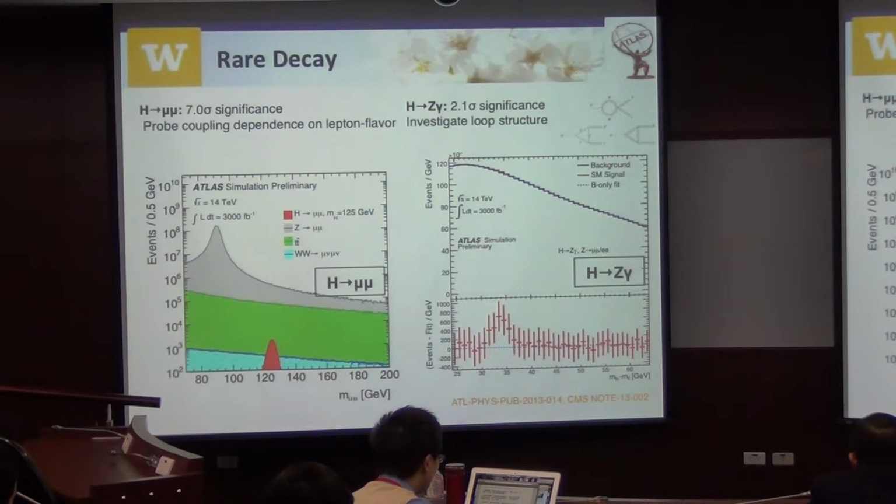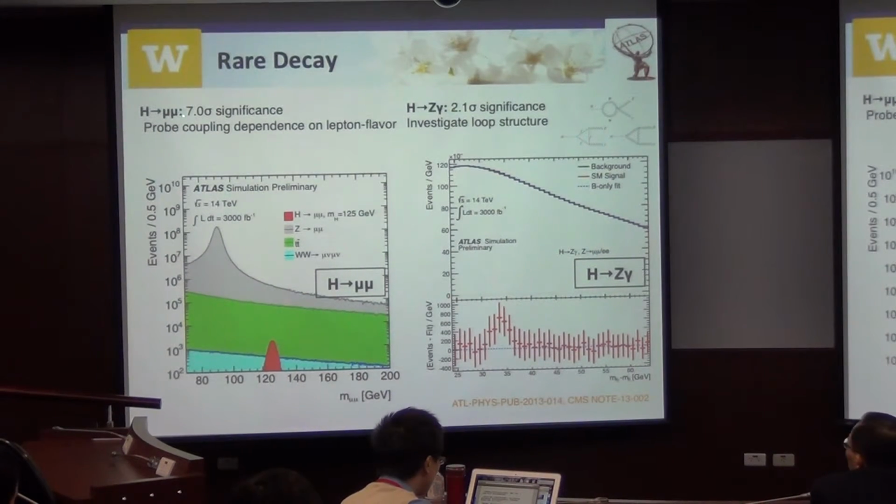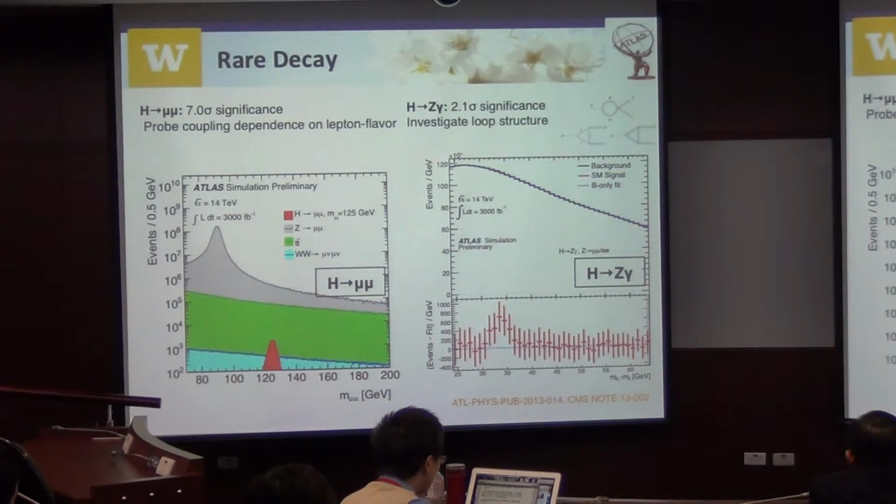If we have 3,000 fb^-1, we can study rare decays. For example, Higgs decay to 2 muons, and we could establish 7 sigma significance. So this also tells you that if we want to measure the muon coupling to the Higgs directly, we don't need to wait for 3,000 fb^-1. It could be earlier.